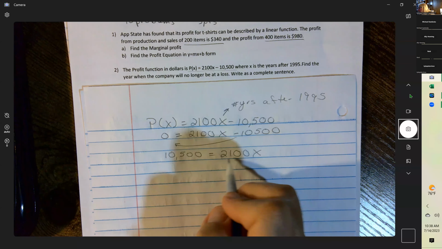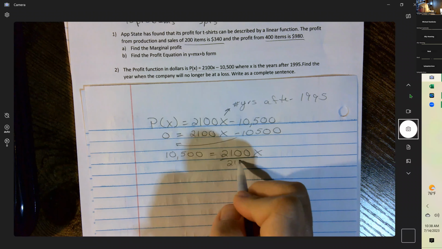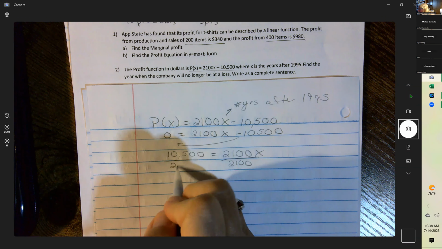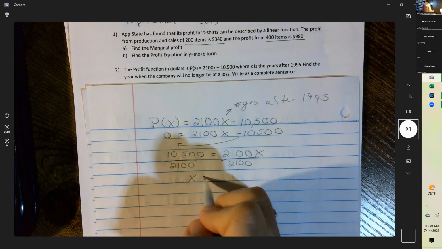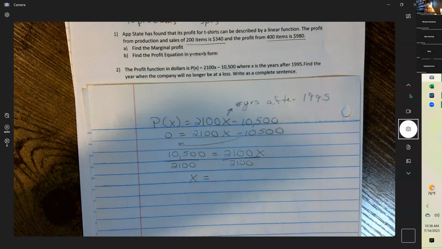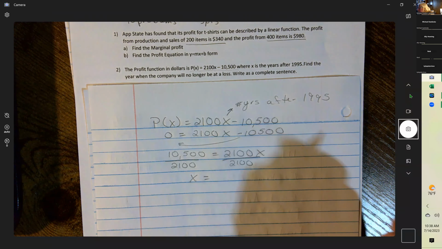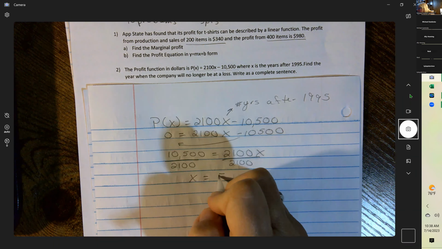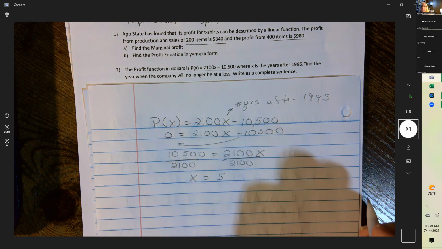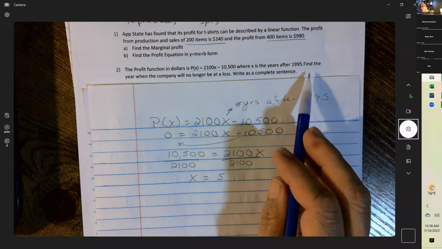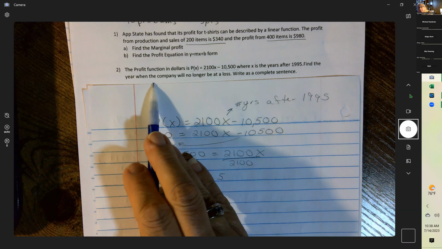Getting X by itself, we'll divide by the 2100, getting 5. But they're looking for what year it will be.